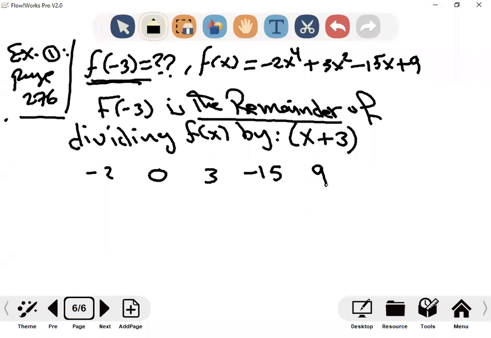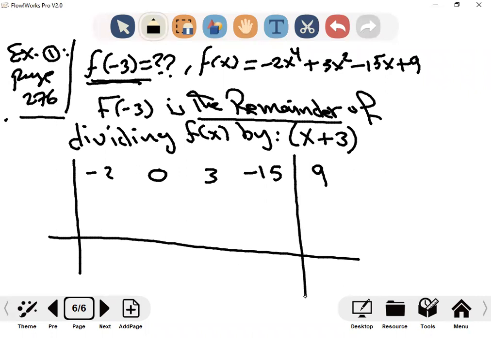Now make your lines. The number here will be our goal. Yes. So here the number what I will use here? -3, because x plus 3 equals 0, x equals -3, right? Or the same number given in the question.